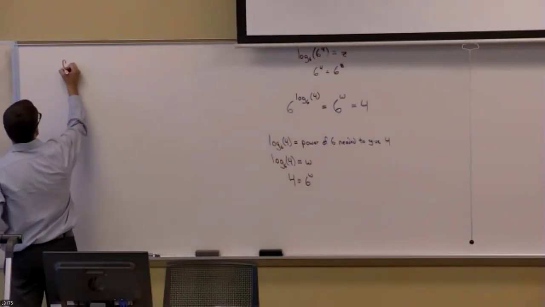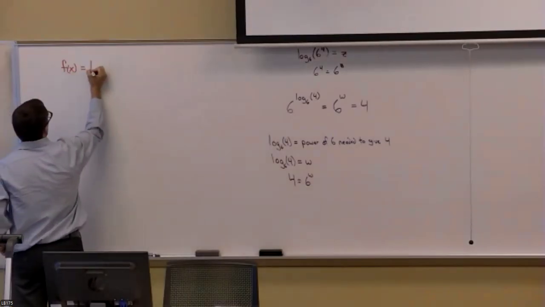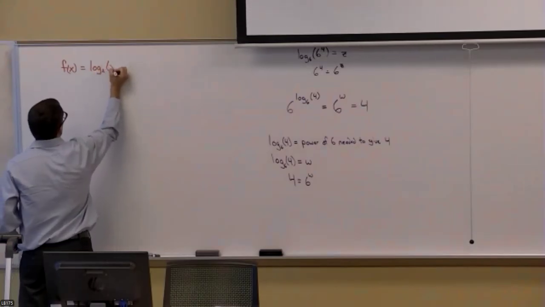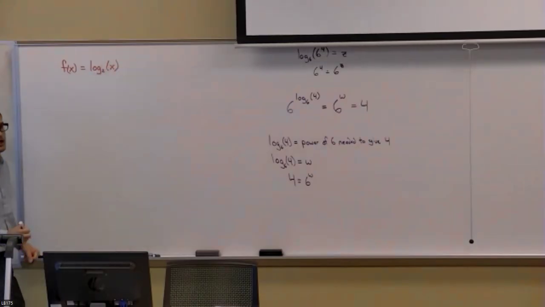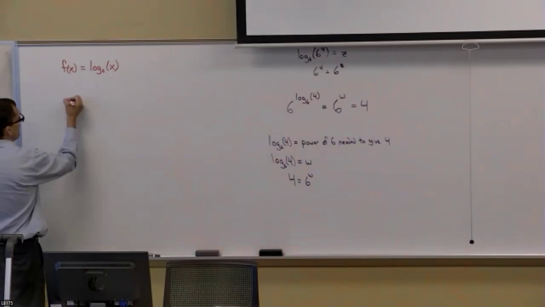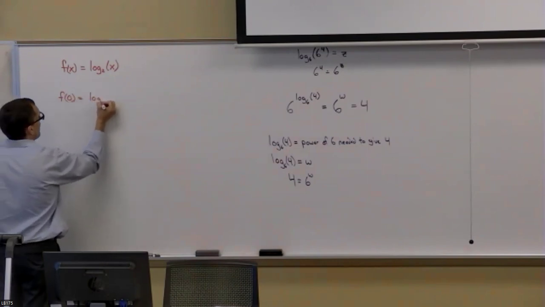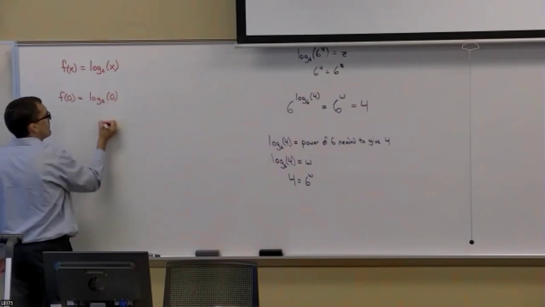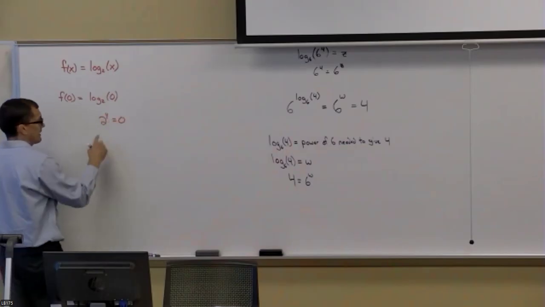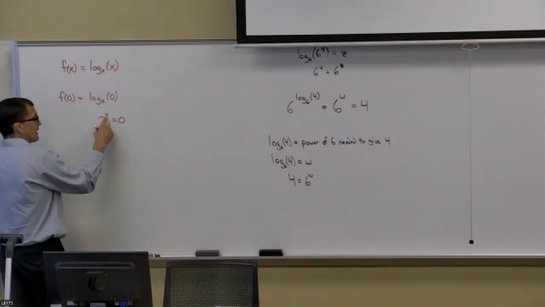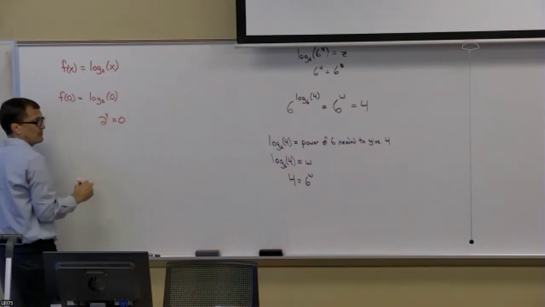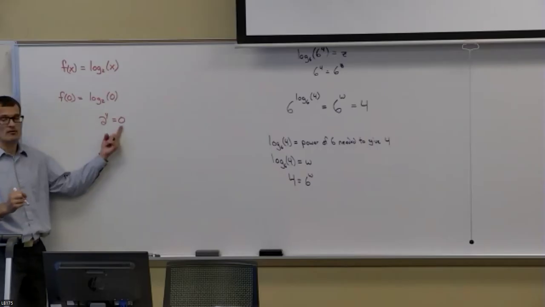If I have a function like log base 2 of x, and I try to plug in a 0 or a negative number, this is asking what exponent do I put as the power of 2, I'll call that exponent y, to get a 0.